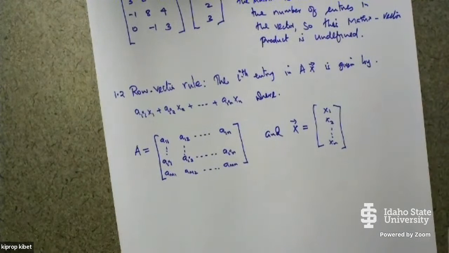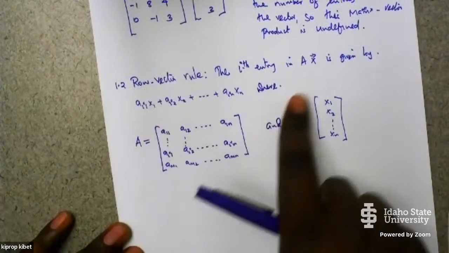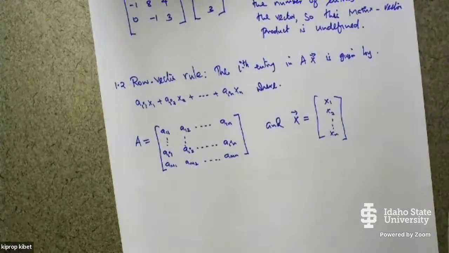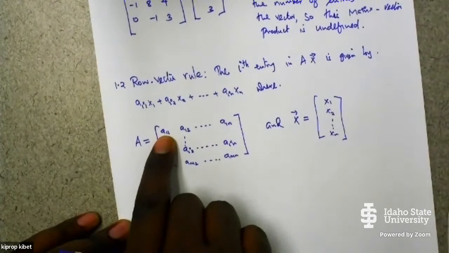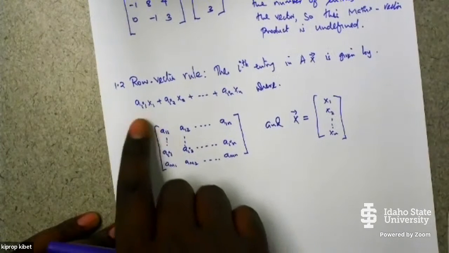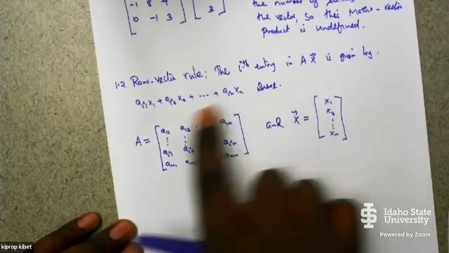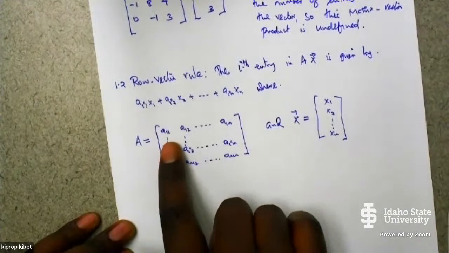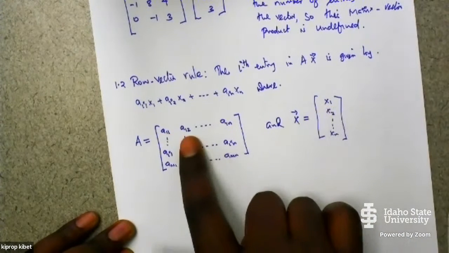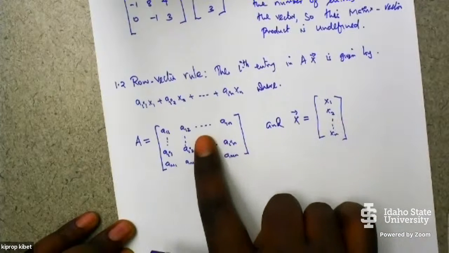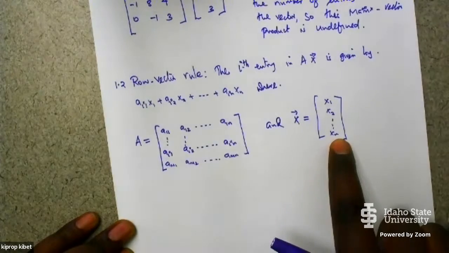Now here, what you can see is that to get the I entry, we are multiplying the first entry here, let's say A11. If we put I to be 1, then the first entry of the product is A11 multiplied by x1, A12 multiplied by x2, A13 multiplied by x3, A1n multiplied by xn.